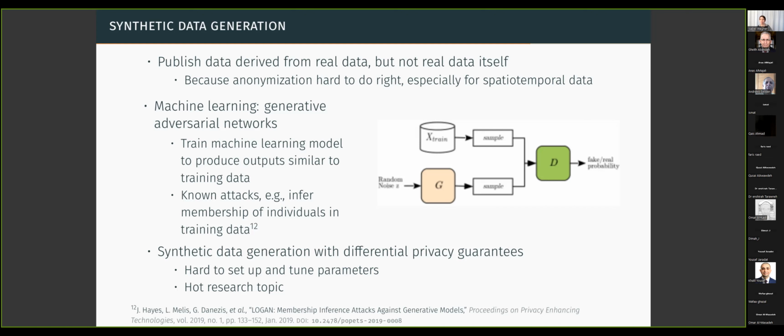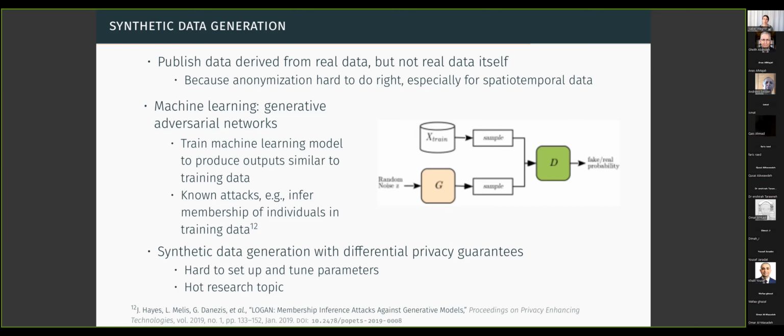And then you have a second model, the discriminator, which is trained to tell real data samples from fake samples. And the output of the discriminator then goes back to the generator. And based on that, the generator learns to generate better and better data.